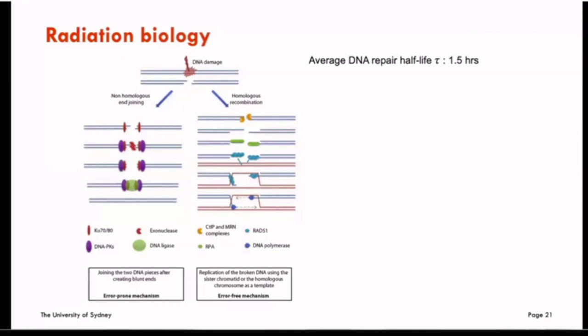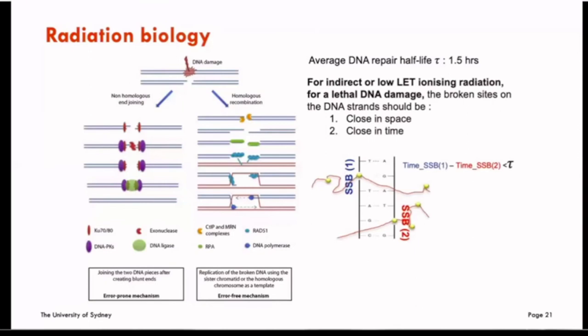The non-homologous end-joining repair pathway is full of error, and therefore it can cause cell death, which is known as mitotic catastrophe, and this is a common cell death from ionizing radiation. The repair pathway is known to be activated when the DNA broken sides are very close in space and time.